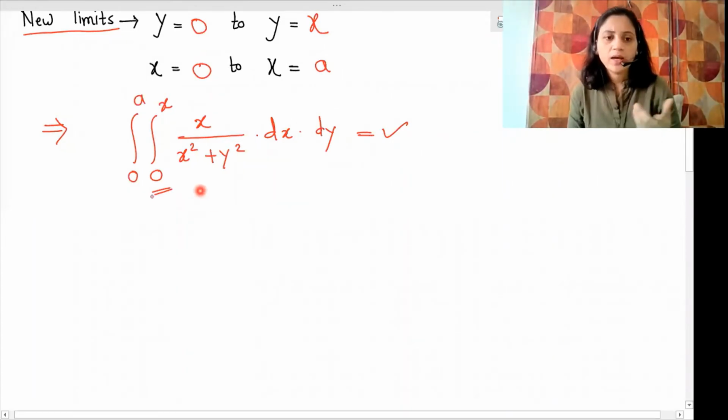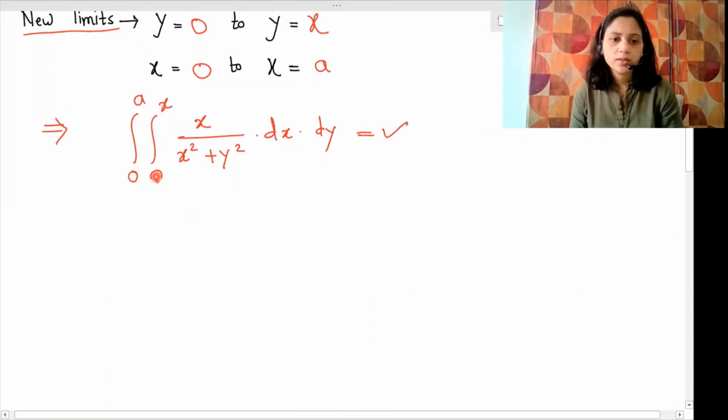Now here you can see that the limits of the inner integral are in terms of x, 0 to x. So we have to integrate first with respect to y and then with respect to x.